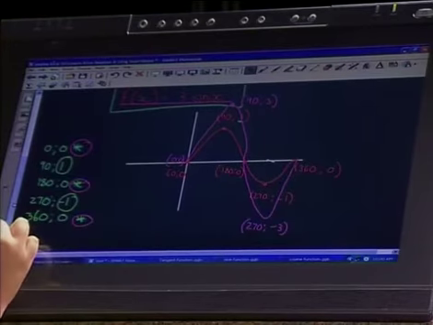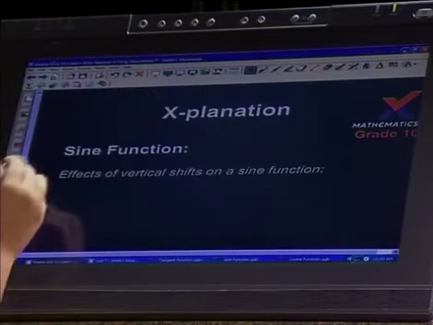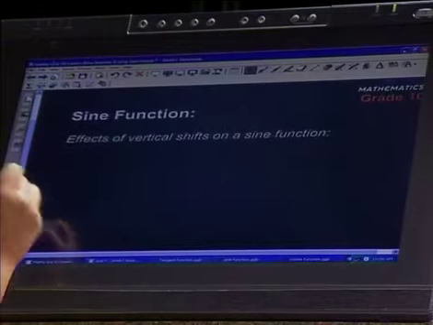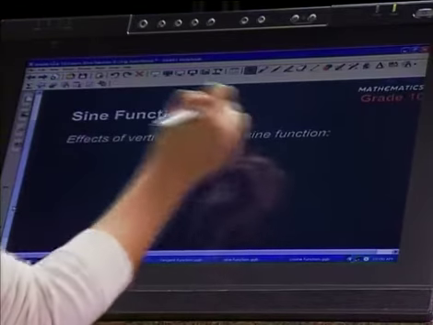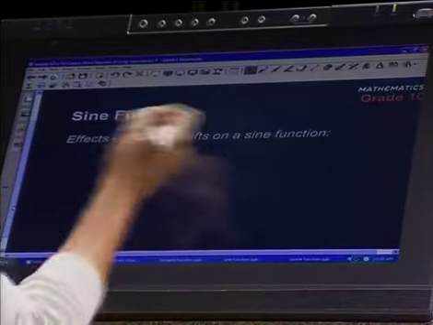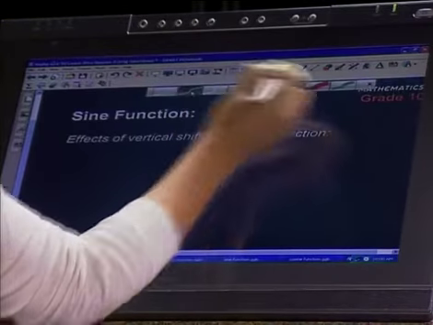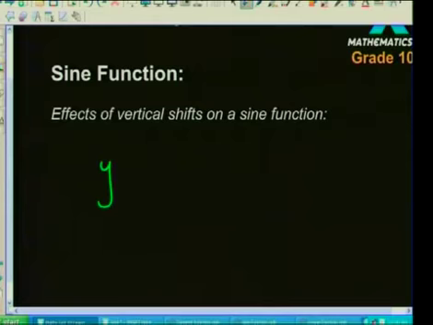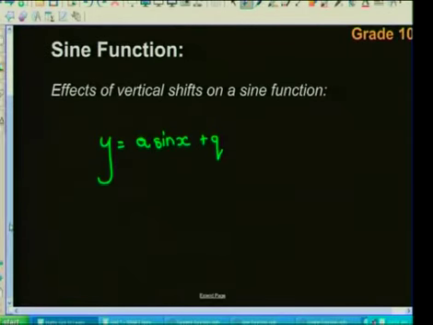All right, effects of changing the amplitude. Let's move along to our next transformation, which is the effect of vertical shifts on a sine function. And again, we always start with our standard equation, which is y. Now I'll use y is equal to a sine x plus q, and we can interchange y and f of x, and that's why I'm doing that so that you're aware.